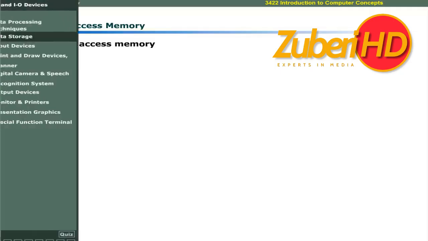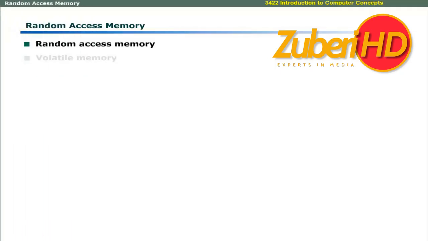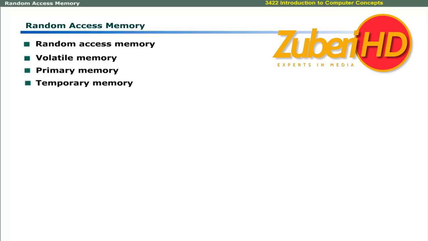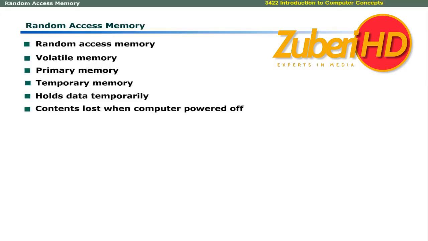Dear learners, RAM stands for Random Access Memory. It is also called volatile memory, primary memory, or temporary memory. Its purpose is to hold data, results of operations, and programs temporarily. The contents of RAM are lost when the computer is turned off.